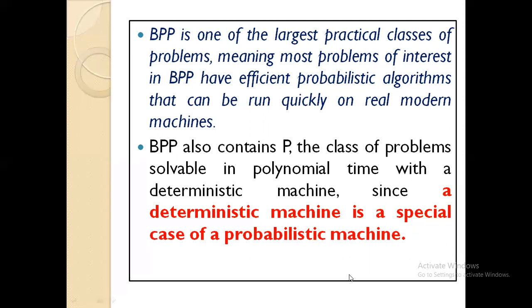Because you know from our Turing machine classes that there we are talking about those problems which will be accepted in finite time, not infinite, in finite time, right?